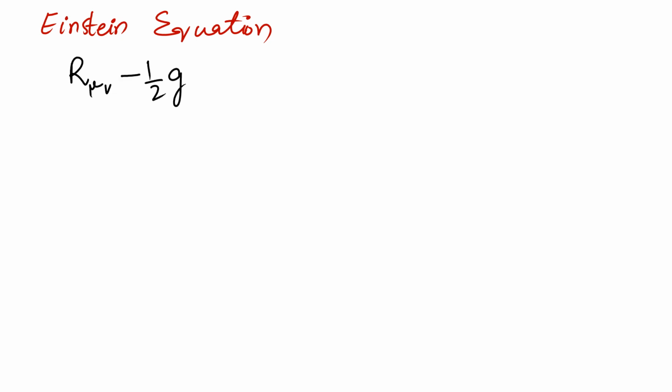Similarly, in this chapter we will write the Einstein equation, which is R mu nu minus 1/2 g mu nu R is equal to k T mu nu. Let's name this equation 1.